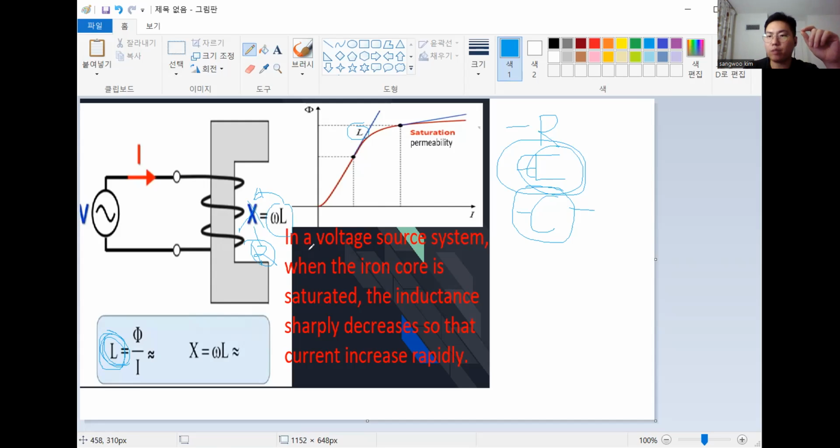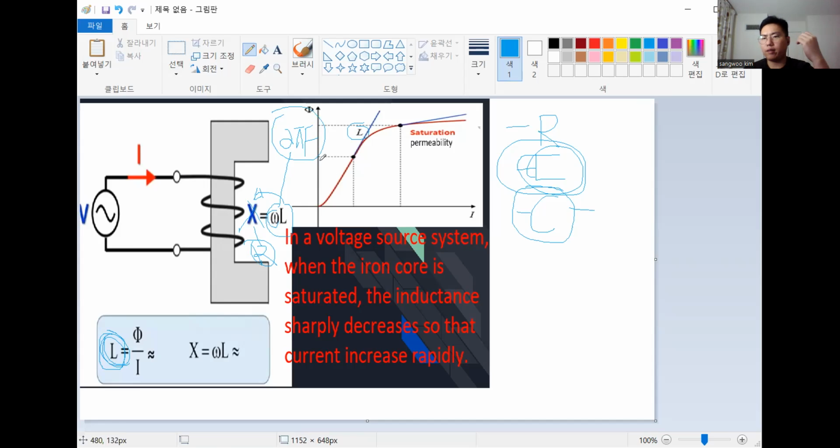Okay, I'll explain when we start our circuit lecture. So we say this omega is also 2 pi f, and omega is angular velocity, angular speed, I will say, angular velocity.